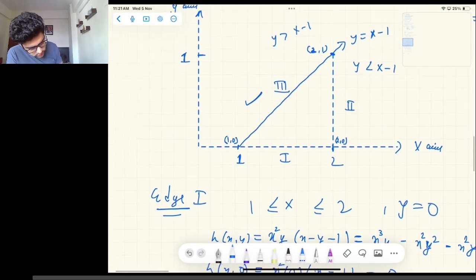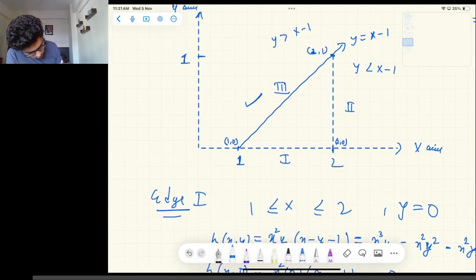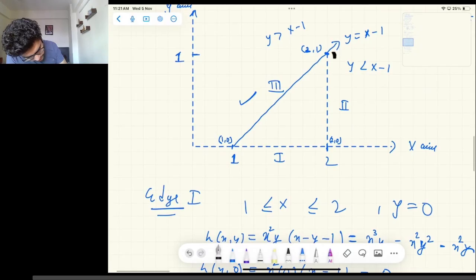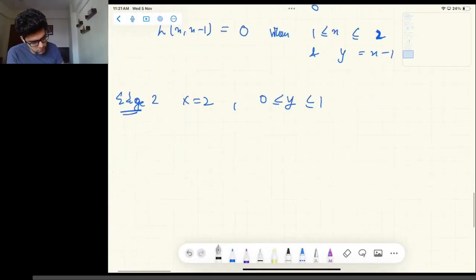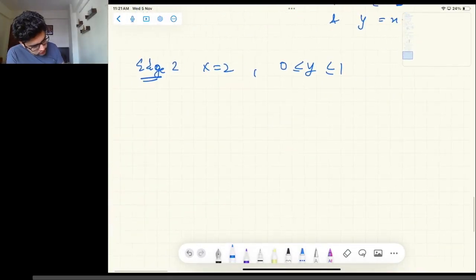If I just show you, on all points on this edge, I have x equal to 2 and y lying between 0 and 1. So if I move on and substitute the value of 2 comma y, or let me write this a bit more clearly, h is x equals to 2 and y.